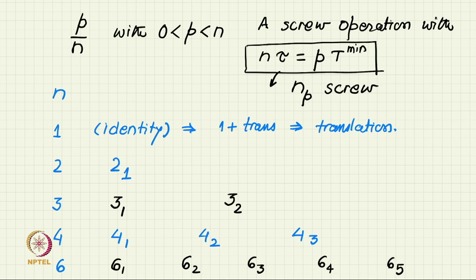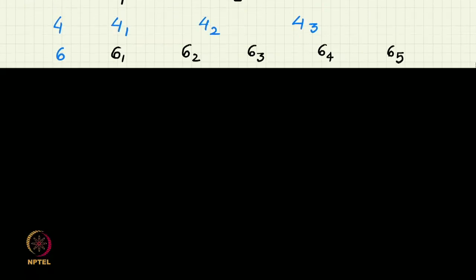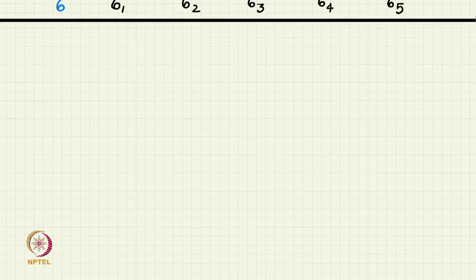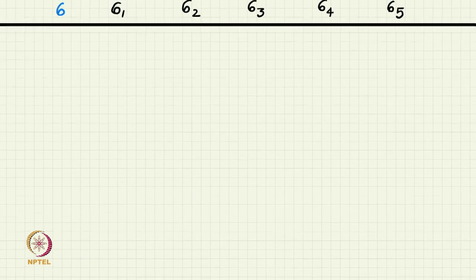So if you count, these are the 11 screw rotations which are possible in a crystal. So let me give you a table of graphical symbols which are used to denote this in international tables.